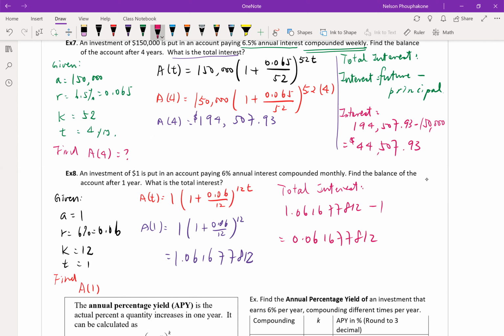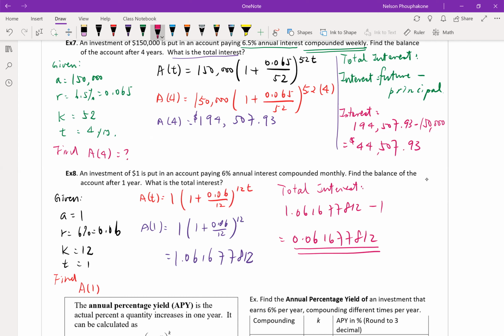Now this number right here basically tells you the actual percentage yield that you have. What does this mean? It means that if you put in $1 at the beginning, after 1 year, then you will have 6 cents, right? How about if you put down $10, then you will have 61 cents.